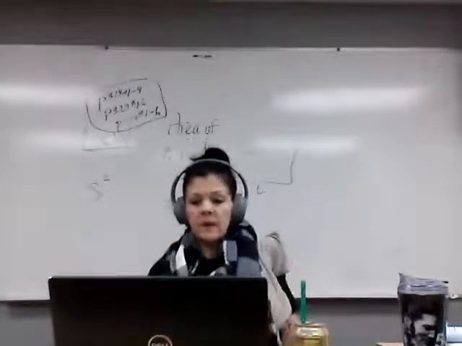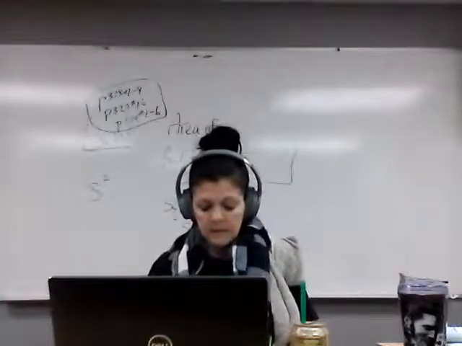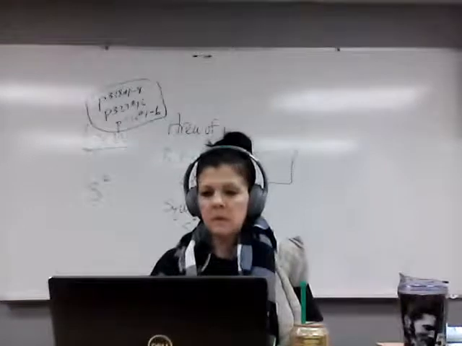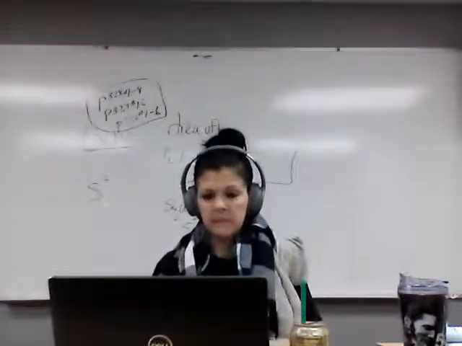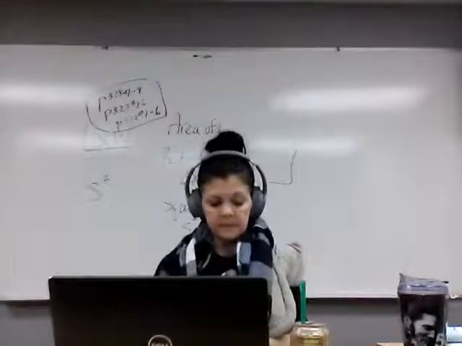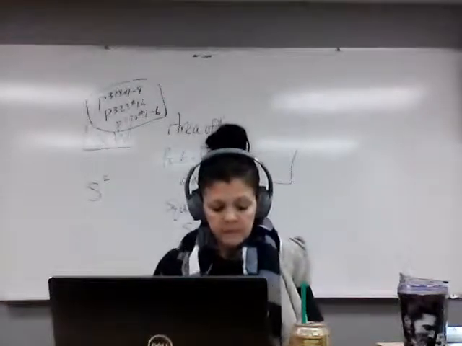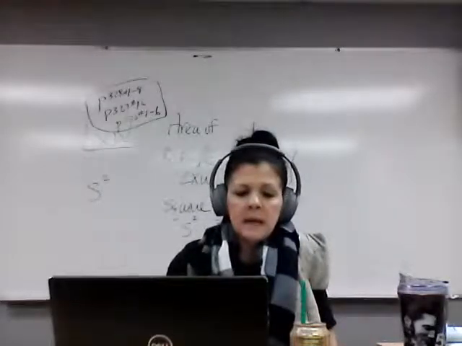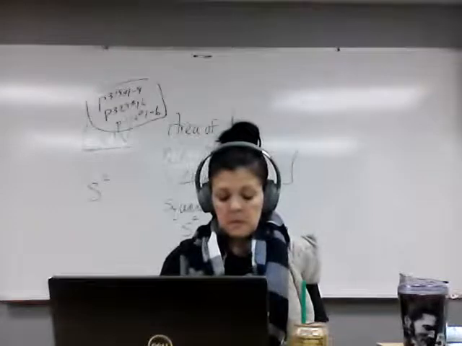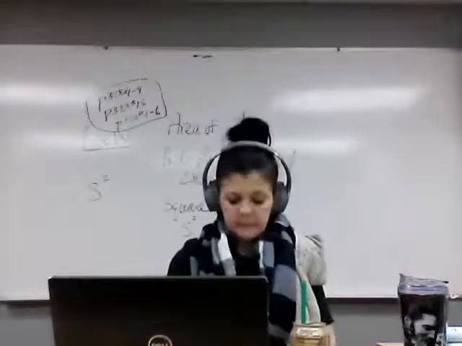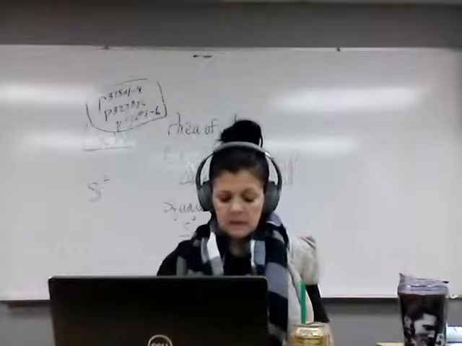Okay. Let's just start with the first example then. All right. So it was n equals 1, 2, 3n over 2n minus 5.